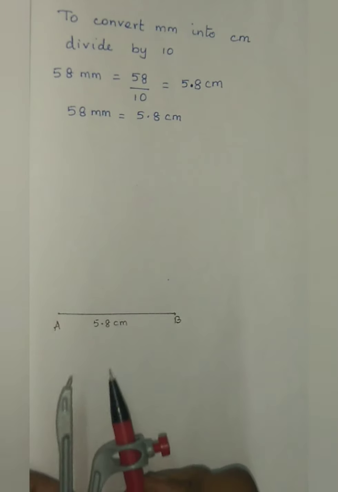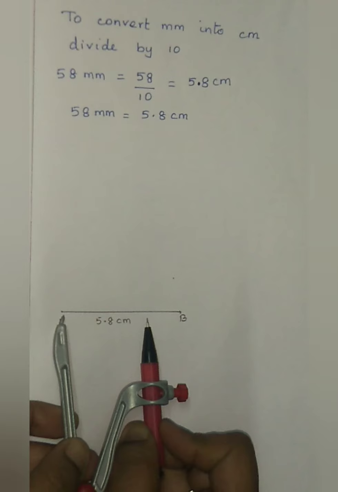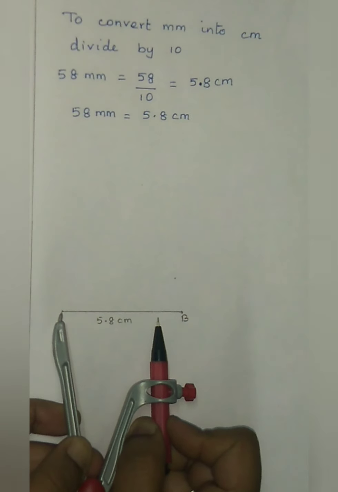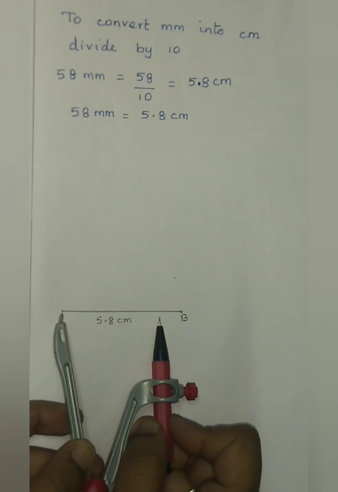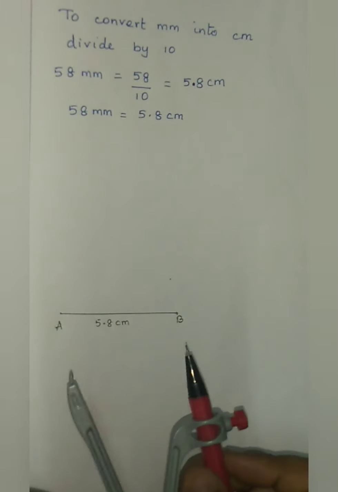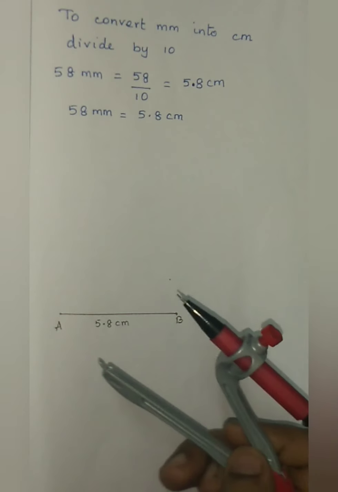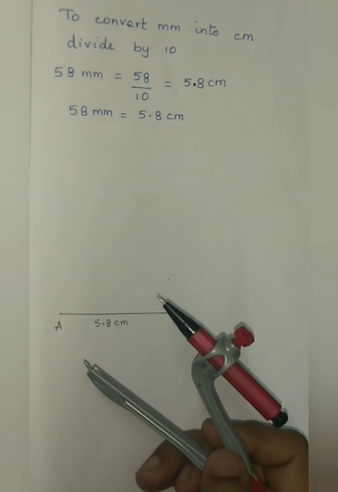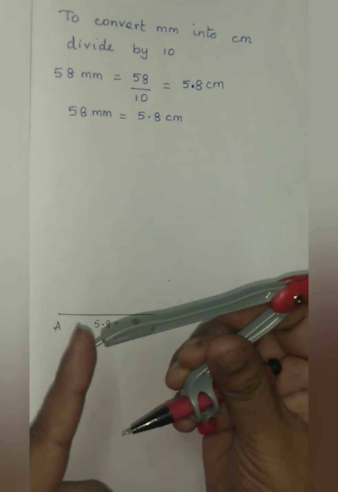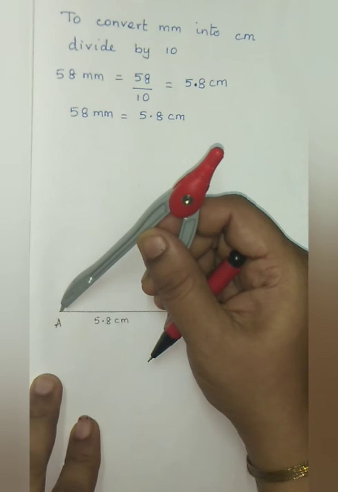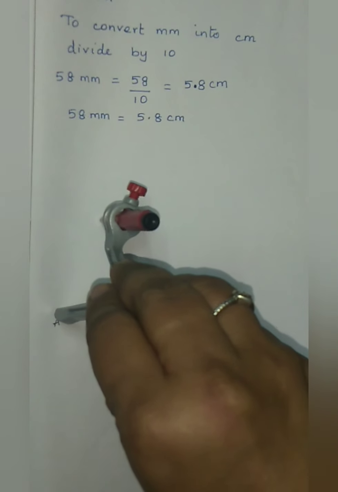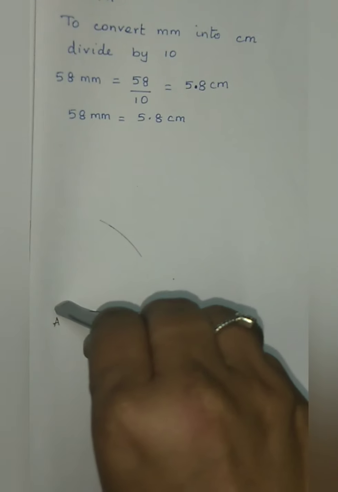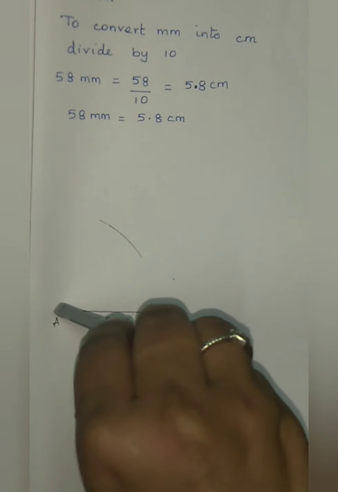Now take your compass, extend the compass and take more than half of this line segment. Any measurement you can take, but it should be more than half of this line segment. Now keep the pointer of the compass at A and draw two arcs above and below the line segment AB.